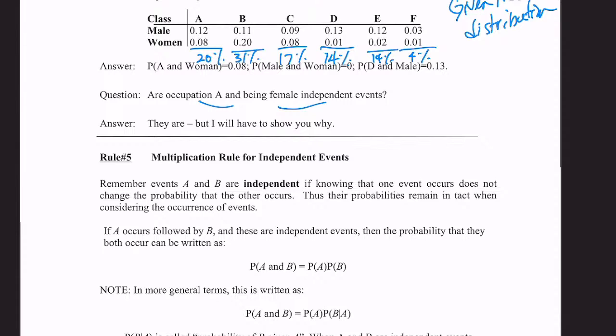Now, disproportionately more women go into nursing than men.